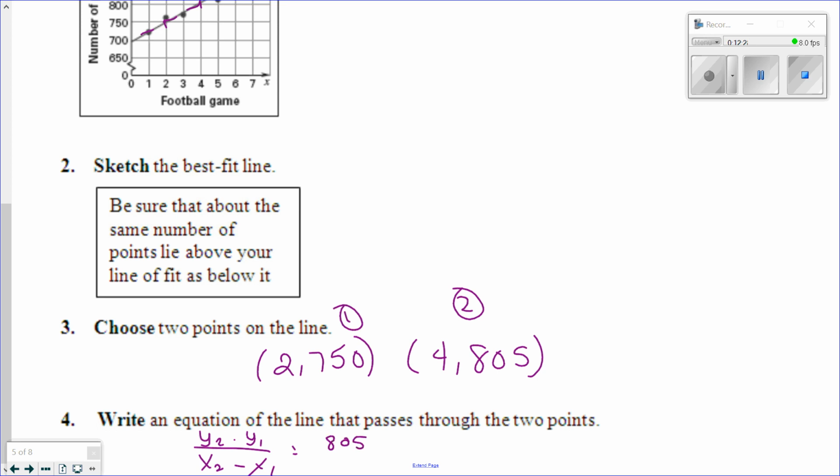So I get 805 minus 750 divided by 4 minus 2. And for my slope, I get 55 over 2. Then, since I don't quite have an exact y-intercept, I could estimate by looking at my graph, or I could use my point slope form.